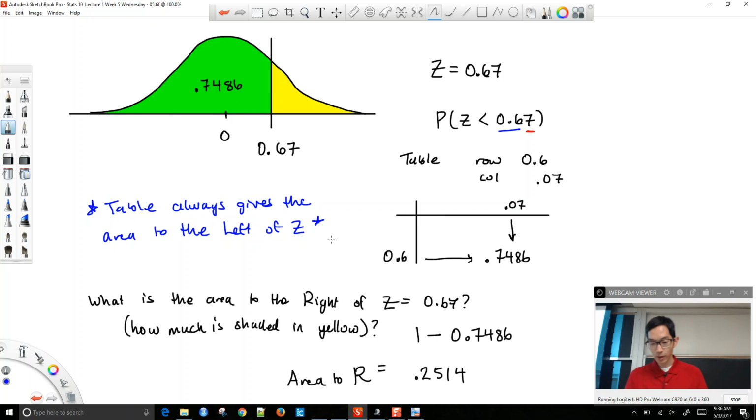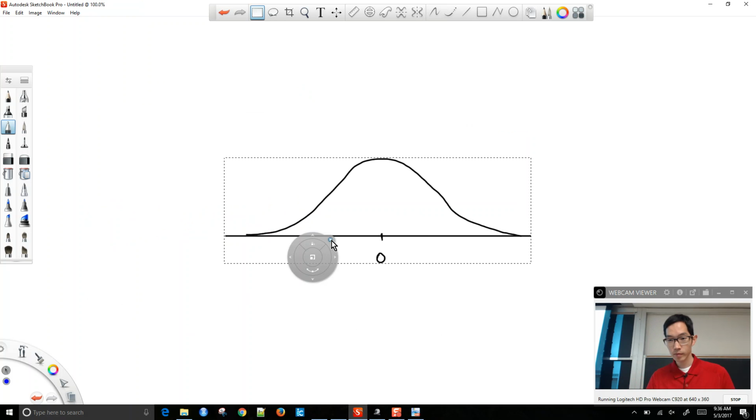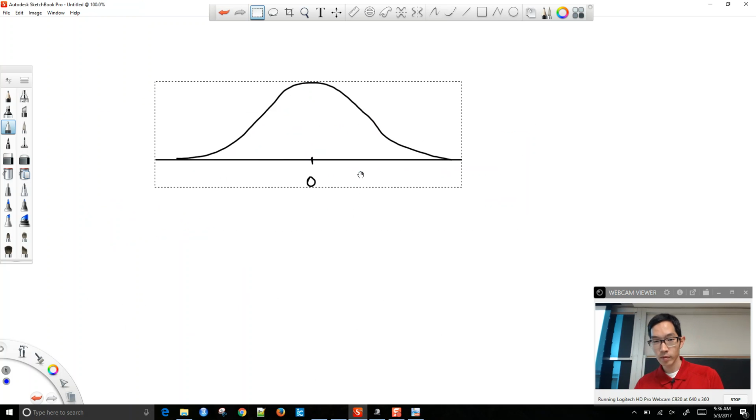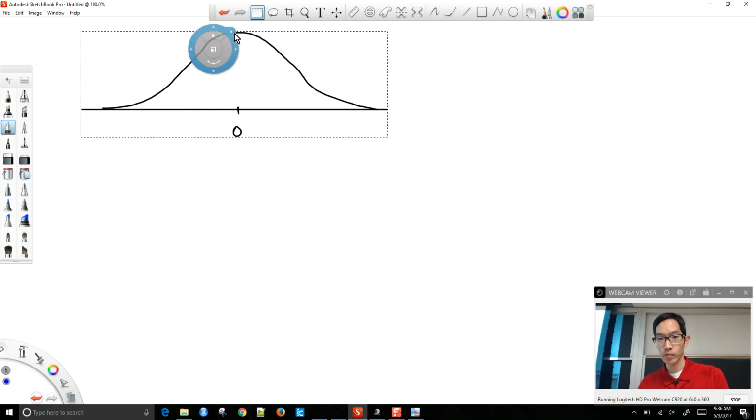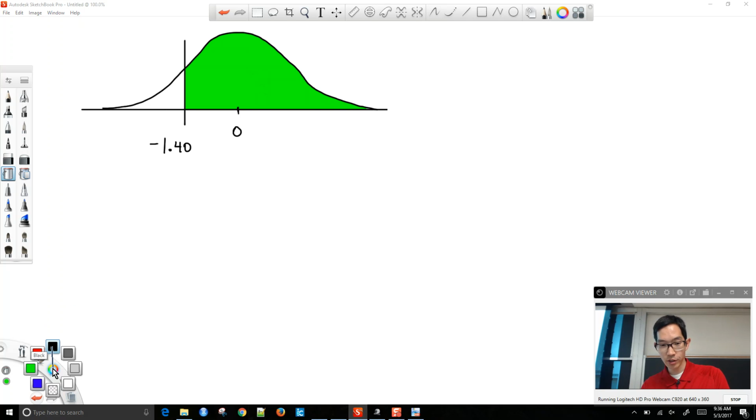Okay, I'll give you a little clicker question practice thing, and we'll try this out. I will ask, what is the shaded area?